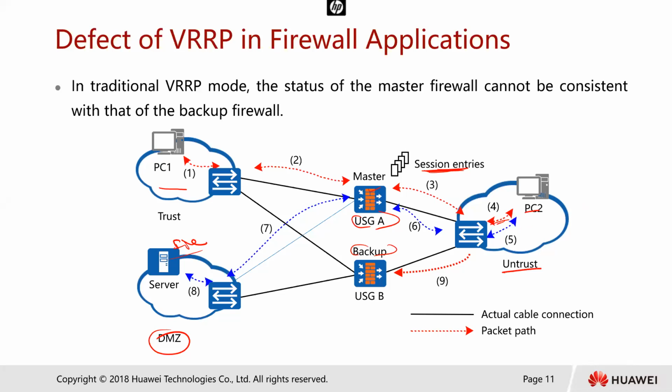So now, assuming that the VRRP status of firewall A here is different from that of firewall B, right?